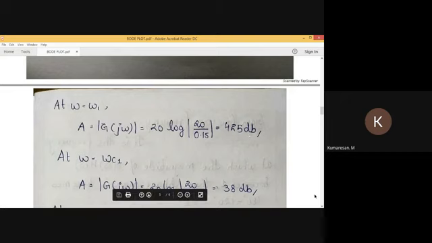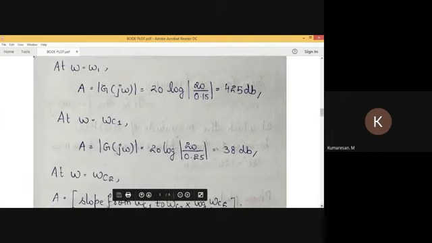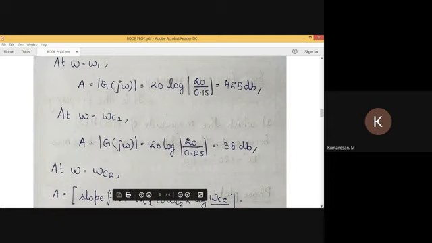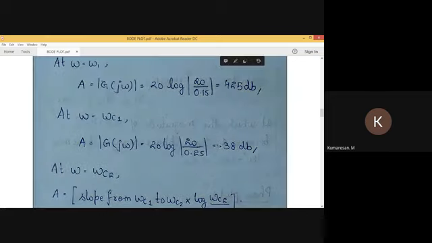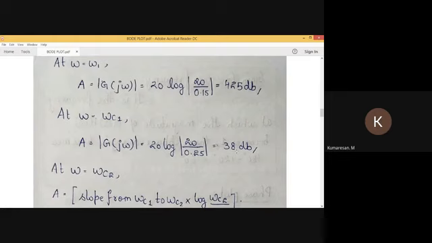Next, the first frequency we get from the transfer function is 0.25. The amplitude, the magnitude of G of j omega, is 20 log of 20 divided by 0.25, equal to 38 decibel.